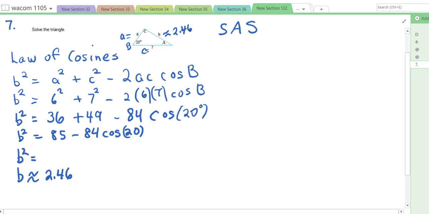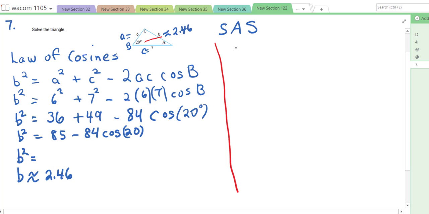Now I have a complete pair here and here, and then I can go to law of sines once I have a complete pair.